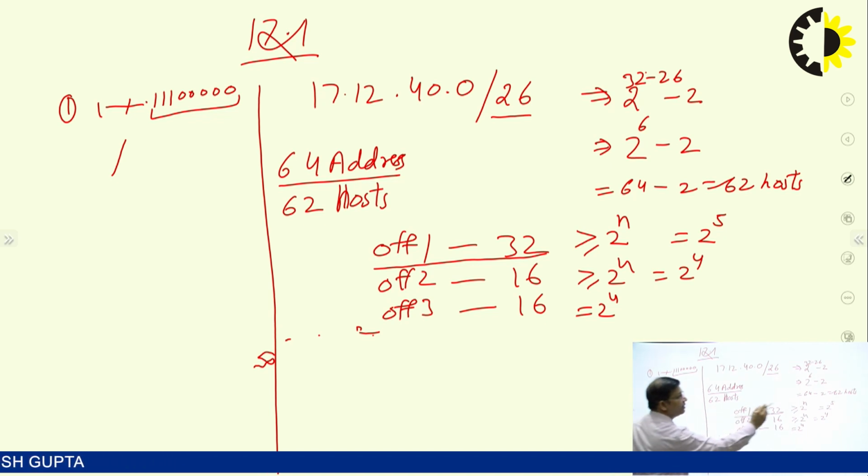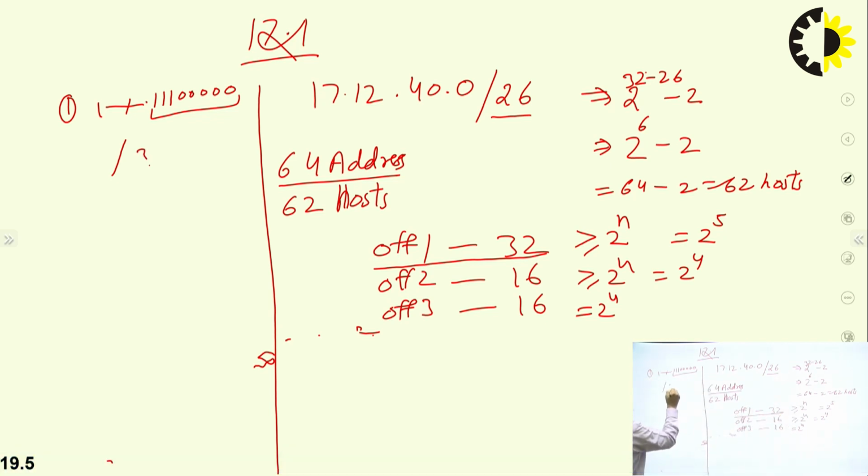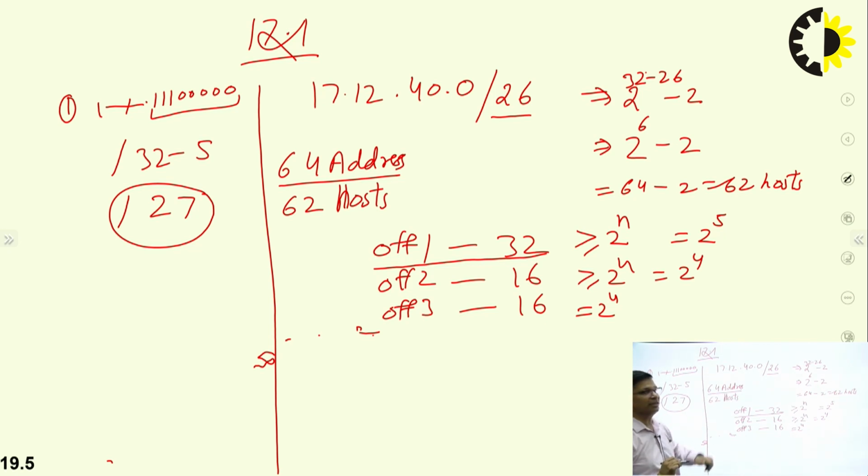Keep in mind 32 minus 5, how much? 27. So the first network subnet should use the slash 27 mask, not the 26 mask.